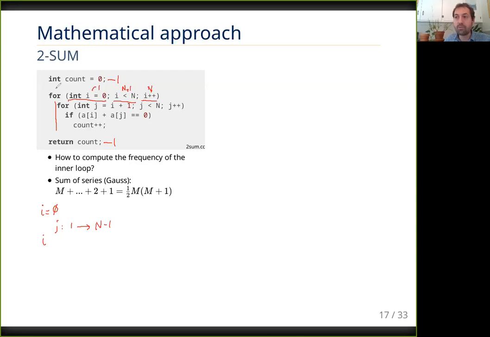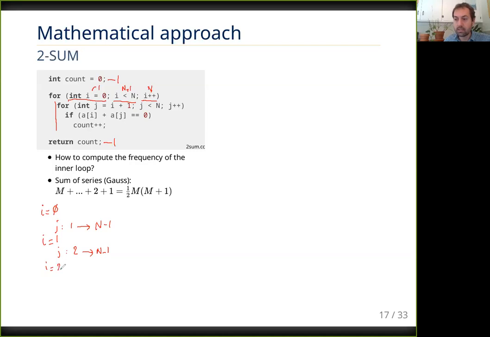Then we'll go back to the first loop. i will be incremented by 1 and we'll do it again. So the next time i will be 1 and j will go from 2 to n minus 1.